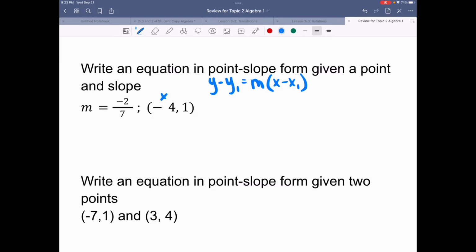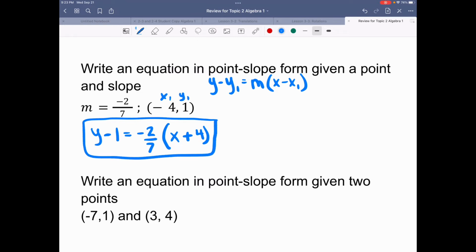This is our point, x1, y1. So y minus y1 is 1 equals the slope, negative 2/7, parentheses x, and it's minus negative 4. But minus negative 4 becomes a plus 4. So remember, in point slope form, it's kind of opposite of what we think.